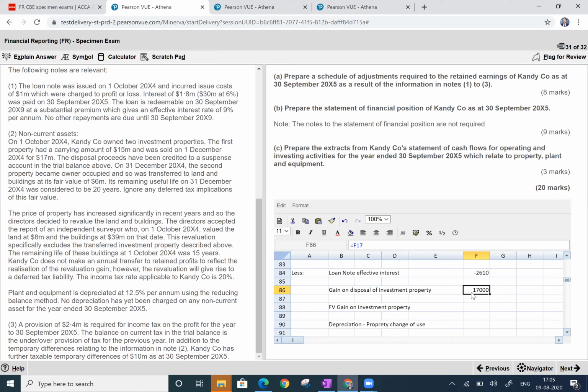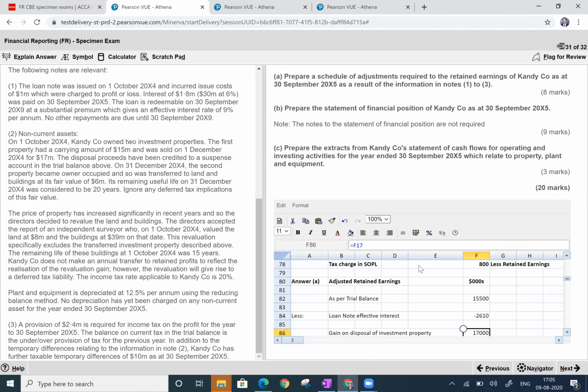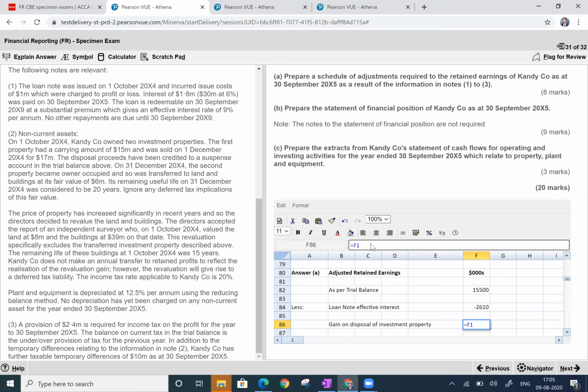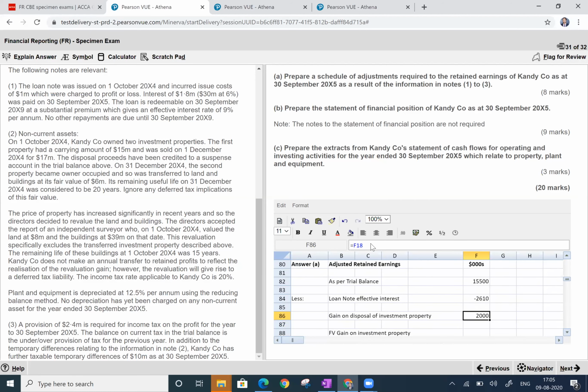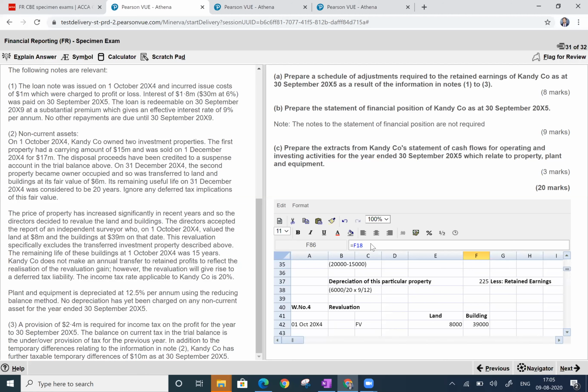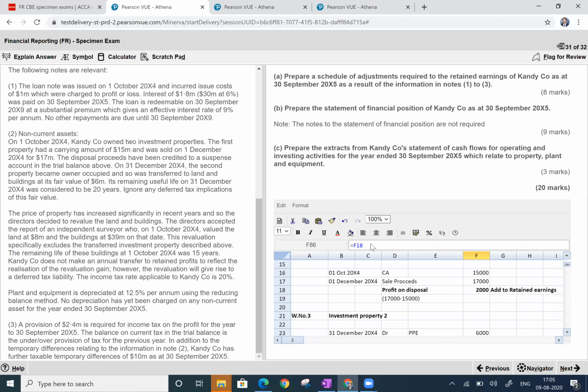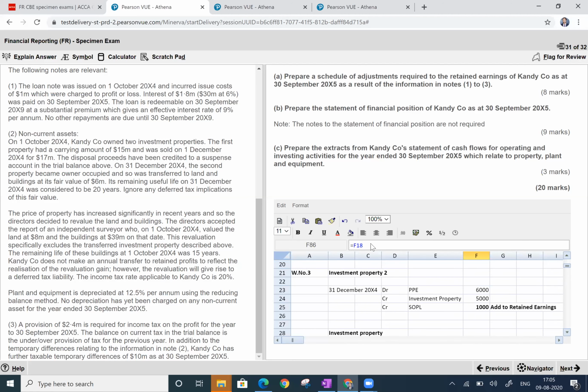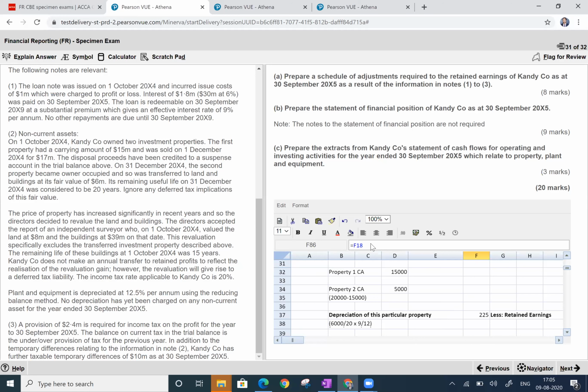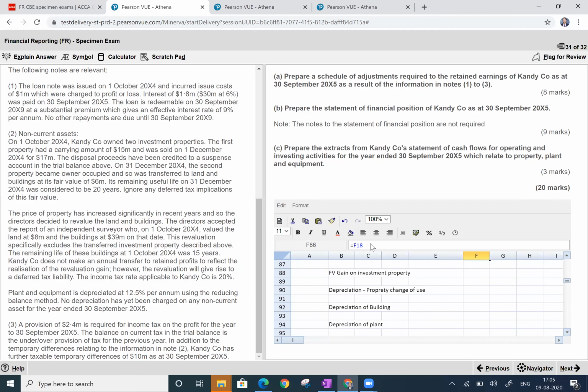Then, sorry, it's not F17. I think it will be F18. Yes, F18. Gain, so add F18. Then add to retained earnings, investment property, that gain. That gain was F25, that 1000 equal to F25.